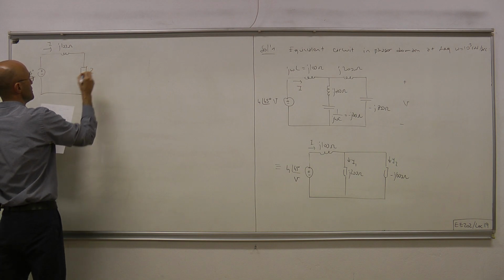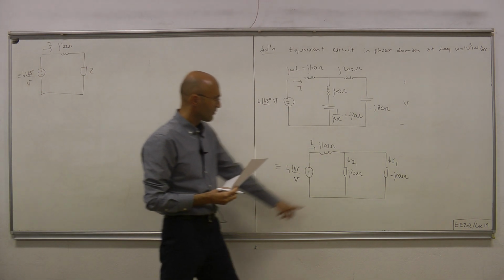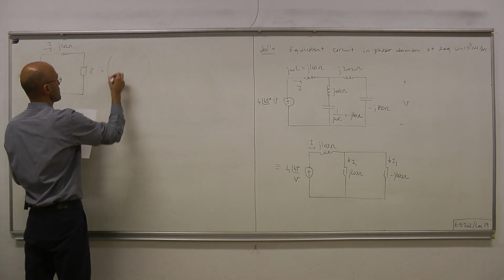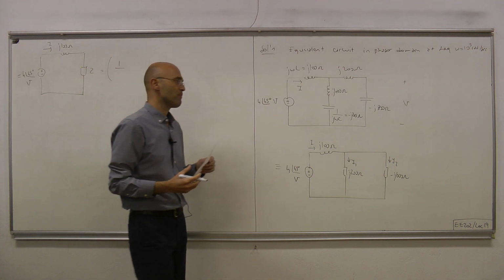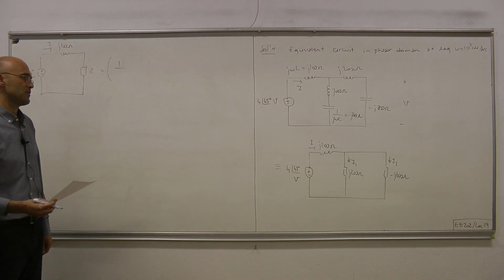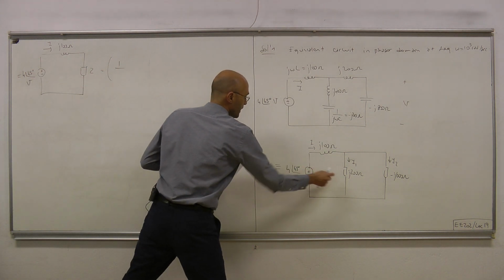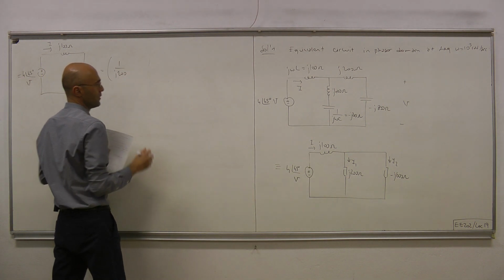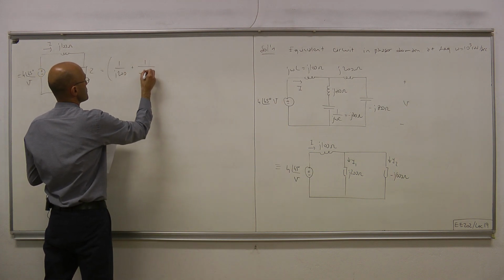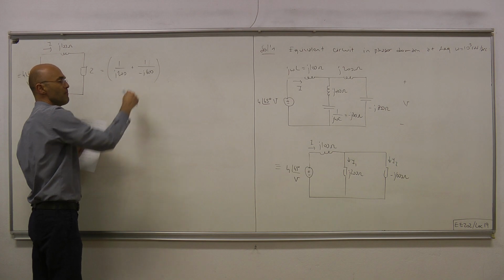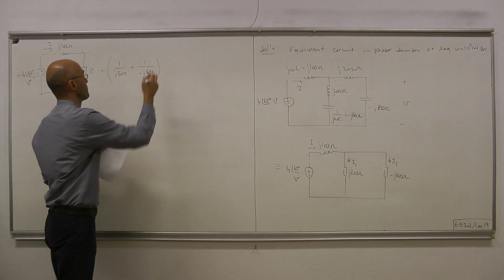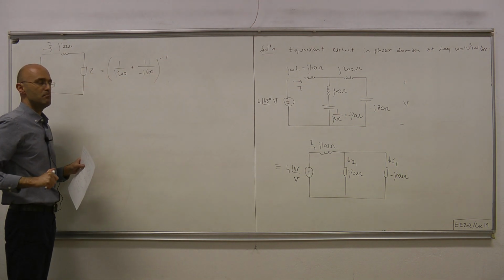And here we have Z, the equivalent impedance for this parallel connection, which equals the inverse of the sum of admittances, and admittance simply is 1 over the impedance. It's the generalization of conductance. So the admittance for this one is 1 over J200, and for this one is 1 over minus J600, and this sum gives us the equivalent admittance, and then we take the inverse of that to obtain the equivalent impedance.